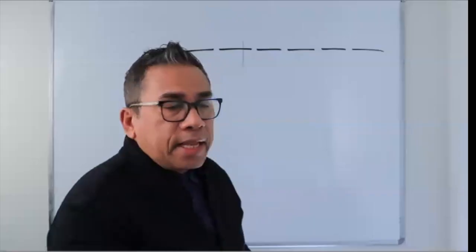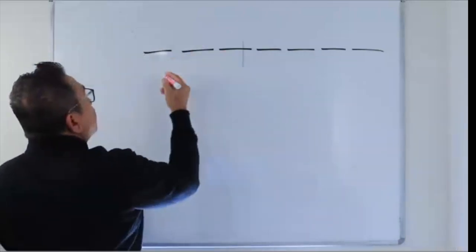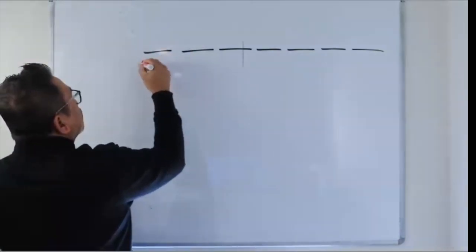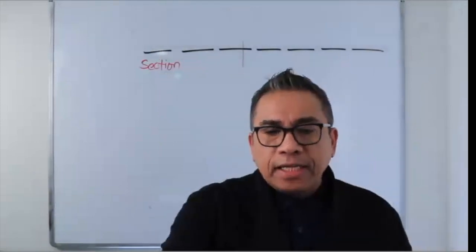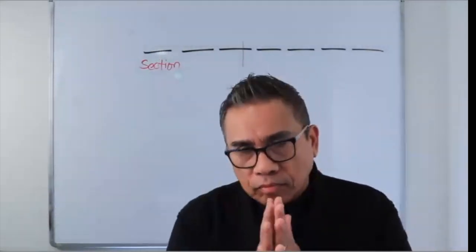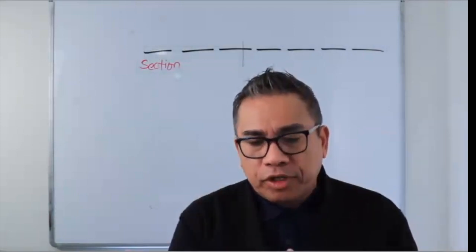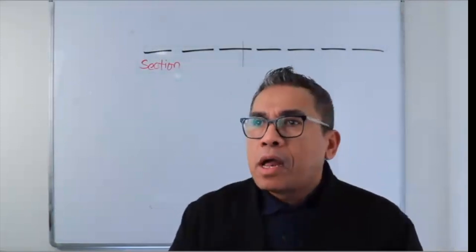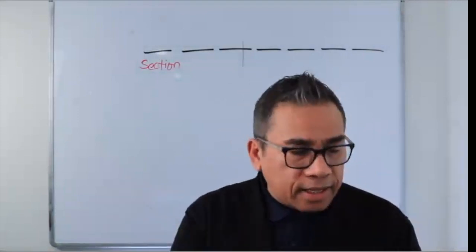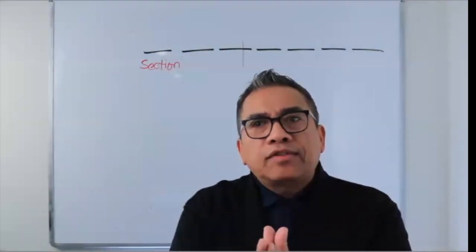Okay, now the first one, which you guys saw on my slide, is the section, right? Section. Now, what is a section? Section is the nature or the character of the procedure, which means that if a patient comes in for hip replacement, again, that same example that I used earlier, the nature of the procedure is surgical, right?